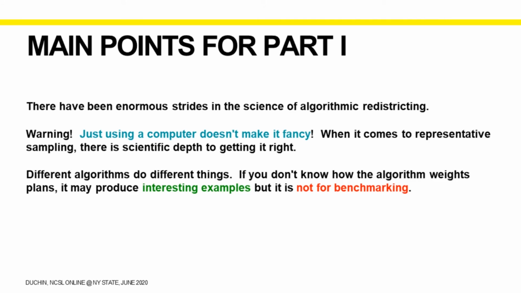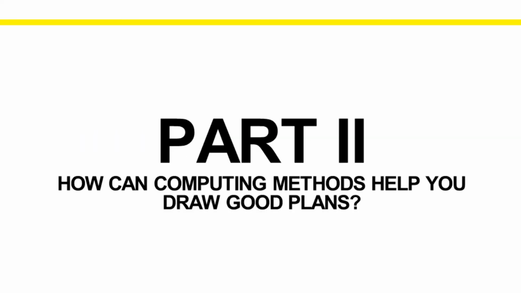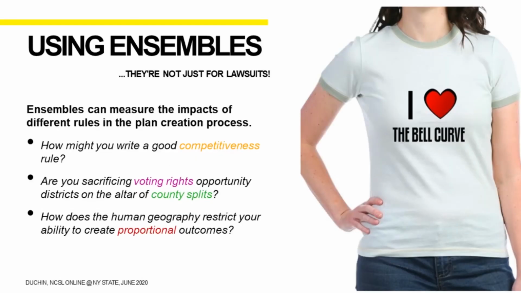Okay, so the main points I've made here are that using a computer doesn't make it fancy. There's a scientific depth to getting it right. And a good algorithm is not just going to give you interesting examples, it's going to do more. It's going to weight the plans in a way that lets you sample representatively. Okay, so let me take a few minutes to shift focus, as I said, to how this can help you draw good plans.